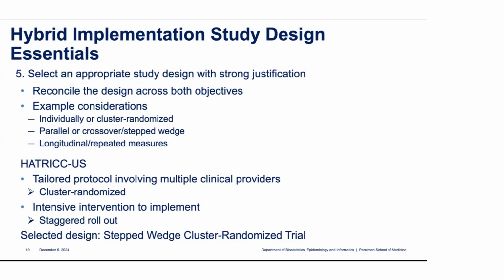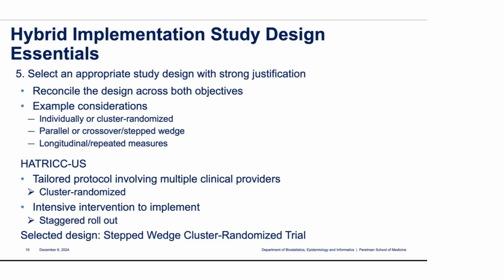So in Hattrick US, we had this tailored protocol involving multiple clinical providers, and so that led us to use a cluster randomized intervention. The tailoring of the protocol in order to create a standardized protocol at each site is a somewhat intensive procedure as it involves talking to a lot of different staff, setting up a lot of different meetings and interviews.